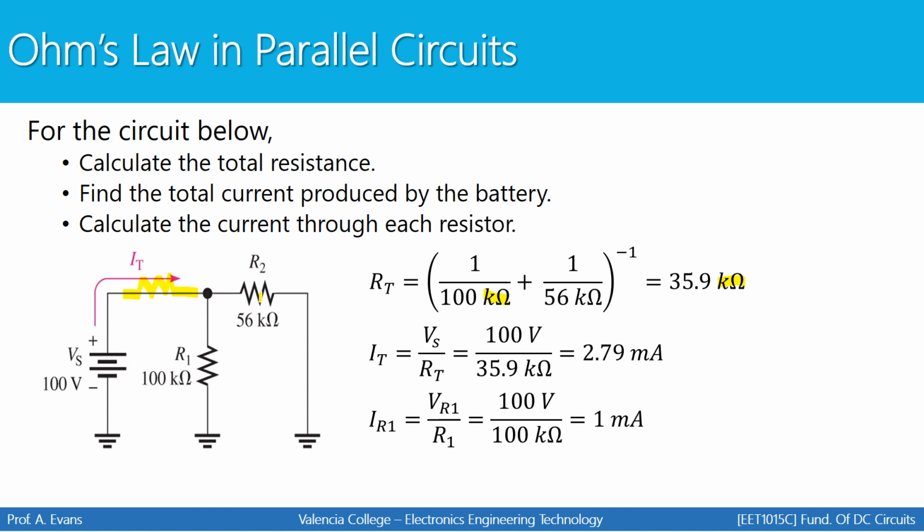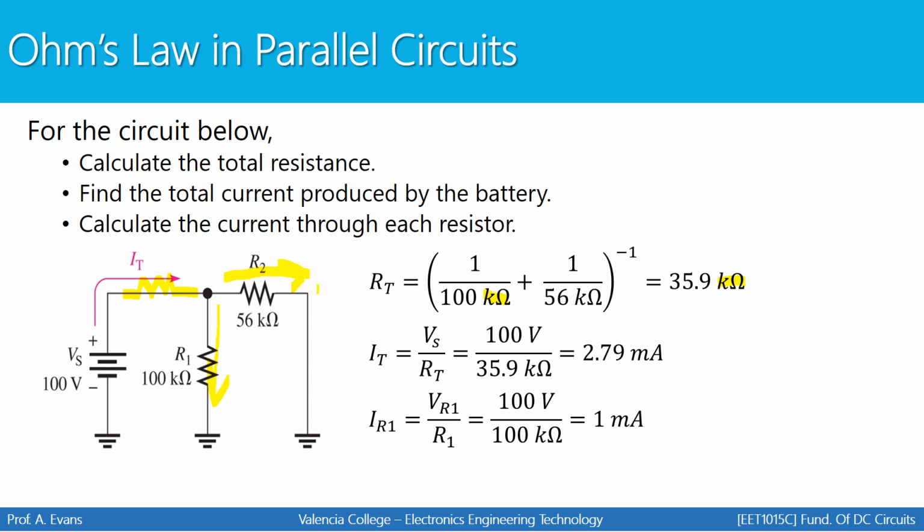Since we know the voltage for R1, we can find the current through R1 by using Ohm's law. The voltage for R1 is the same as the source, 100 volts. Divide by the value of R1, and you'll get the current through R1, which turns out to be 1 milliamp. Keep in mind that the direction of this current has to be down. IT goes into this node, so the current through R1 and R2 has to be down and to the right.